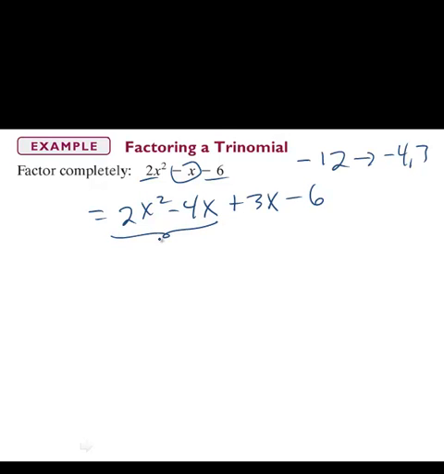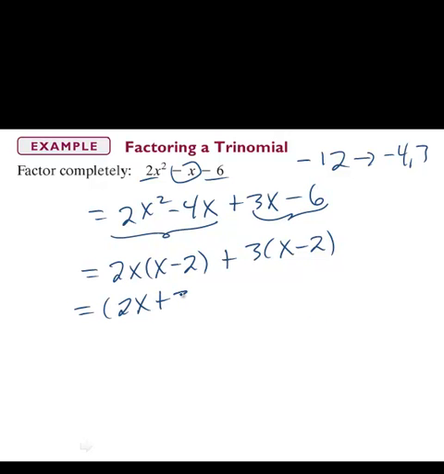From the first two terms, factor out the common factor of 2x, and then we have x minus 2. And then from the last two terms, factor out a common 3, and then factor out a common x minus 2. And we're done.